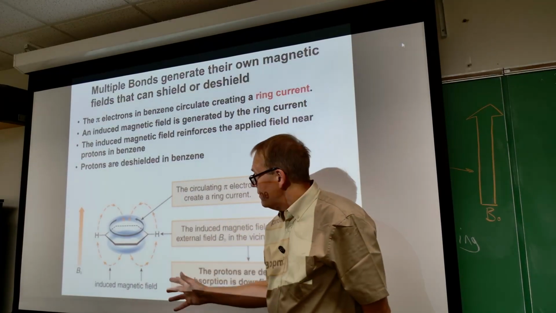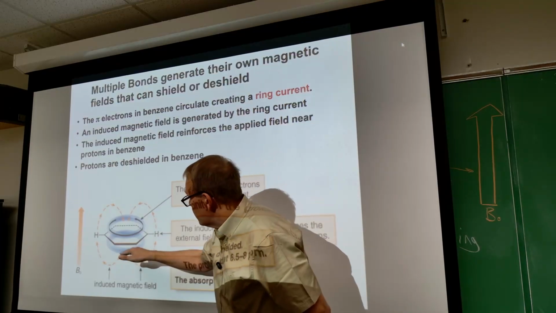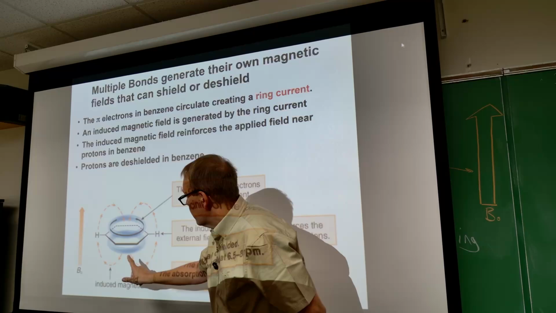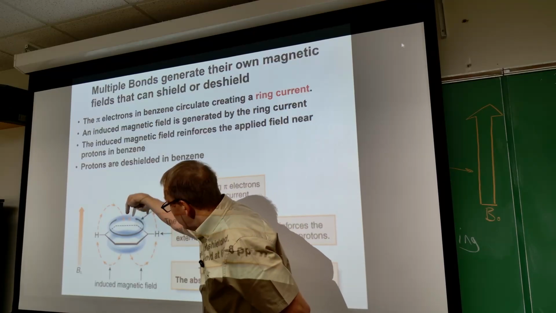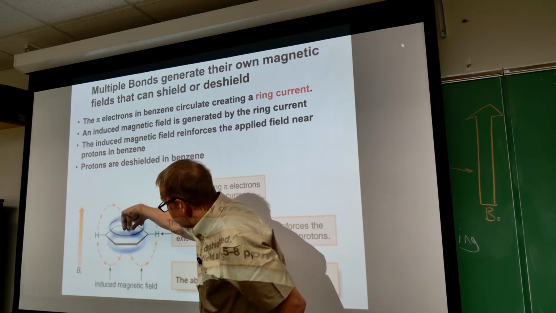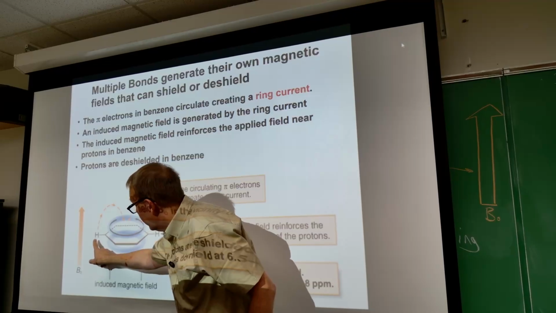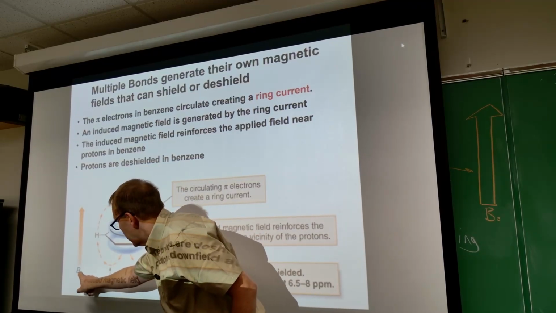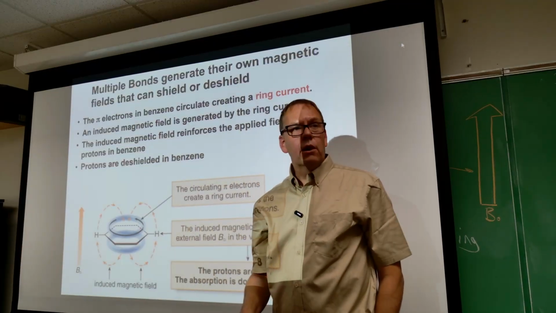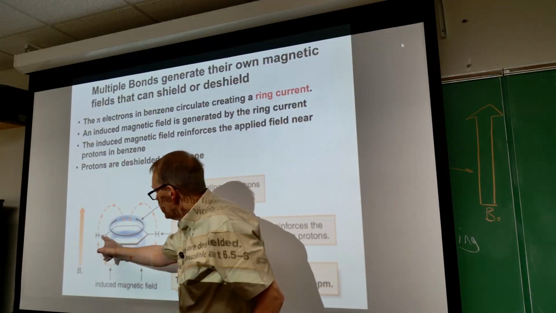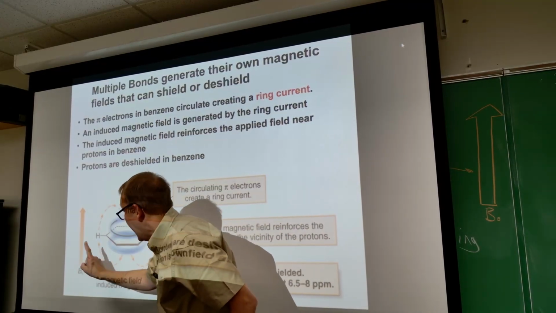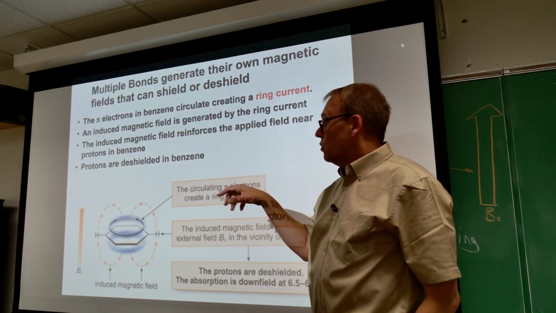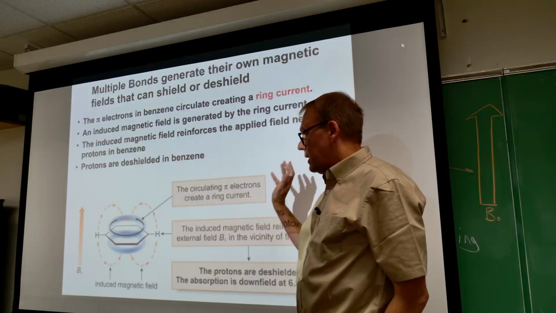In other words, the magnetic field that comes from these donuts of circulating electrons points against the external magnetic field in the center of the ring, but on the outside of the ring, where the H's live, the yellow arrows are pointing in the same direction as the big arrow. So this proton feels the external magnetic field and it feels the magnetic field of the ring current. That's what all of this text is saying.